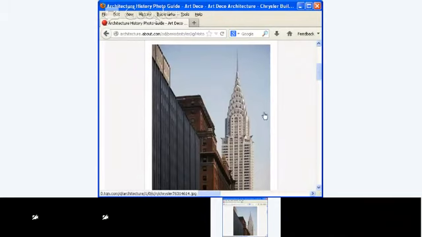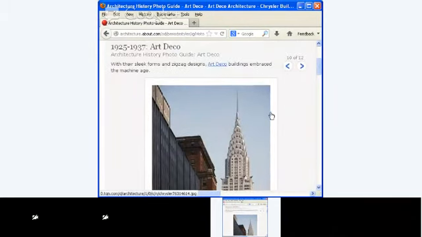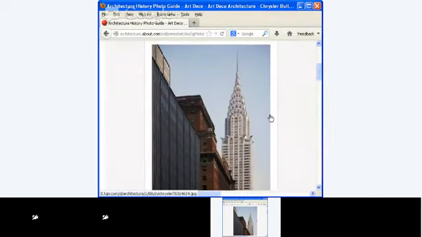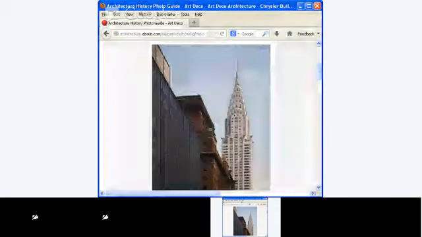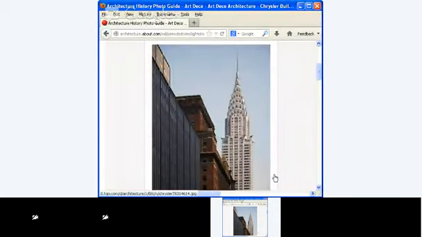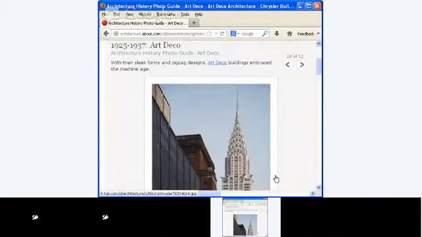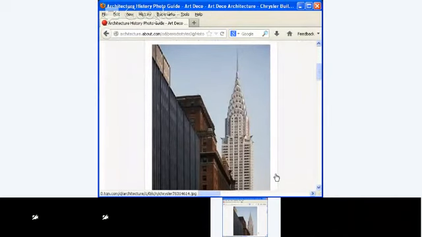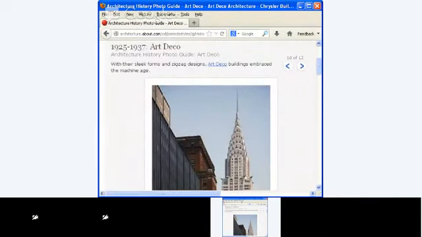Okay. This building was built in the 30s. It is in New York City. And it is the, no, it's a nice guess, Empire State Building. No. This is actually the Chrysler Building, another famous building in New York City. It's mostly famous because of the architectural style, which is called Art Deco.